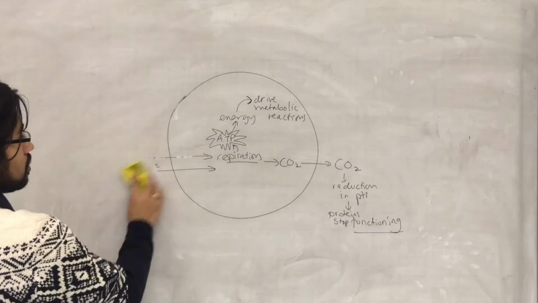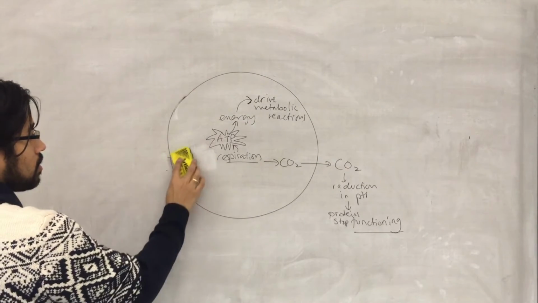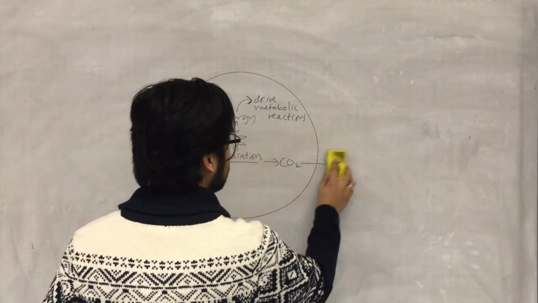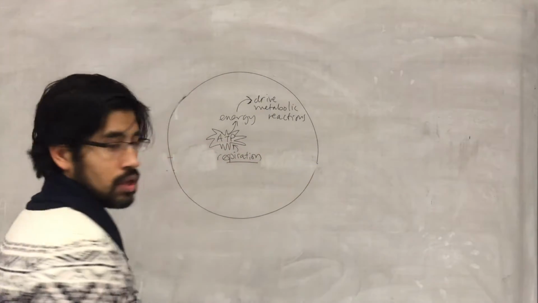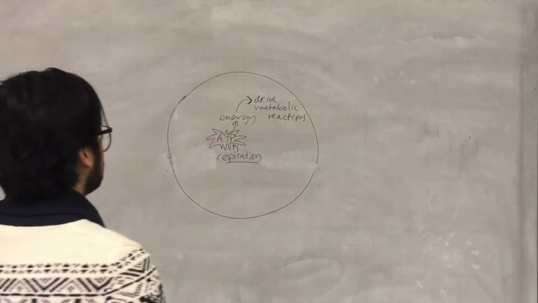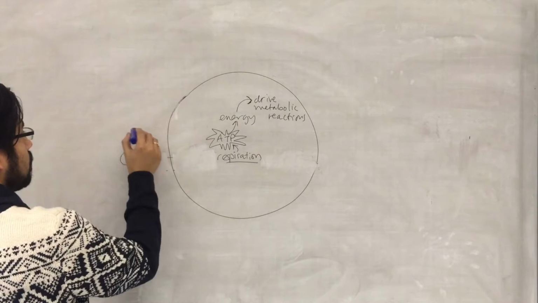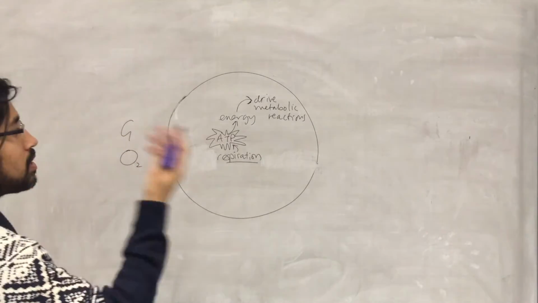Because of the movement of these things, I'm going to remove this now. So oxygen is here, glucose is here.